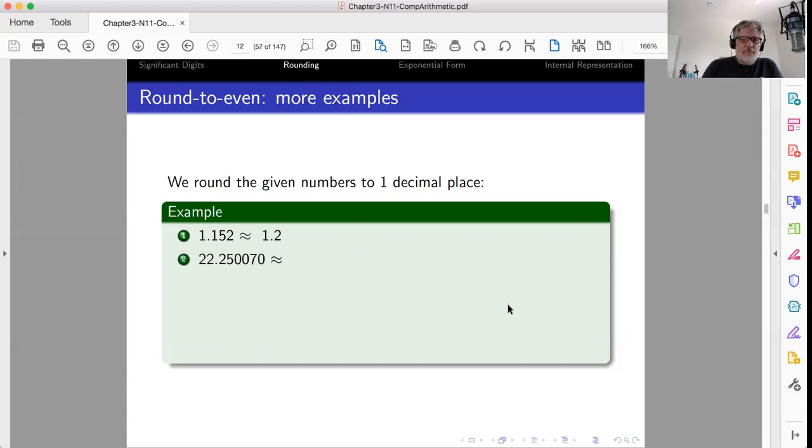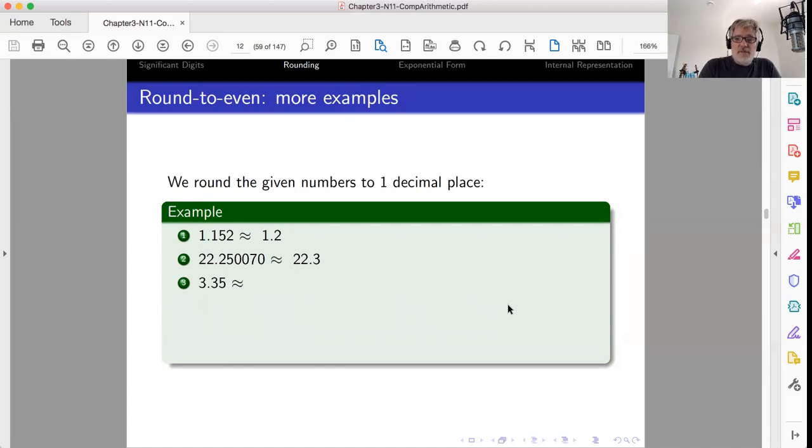Okay. 22.250070. Test digit is 5. I look further down the road, I see a 7 there, so I go up: 22.3.